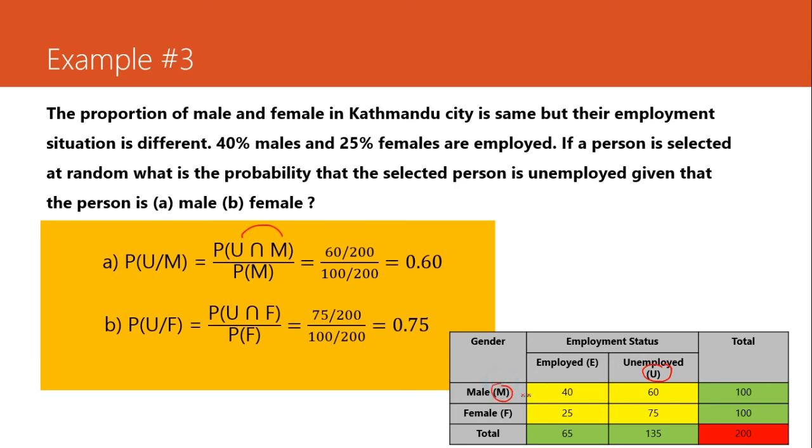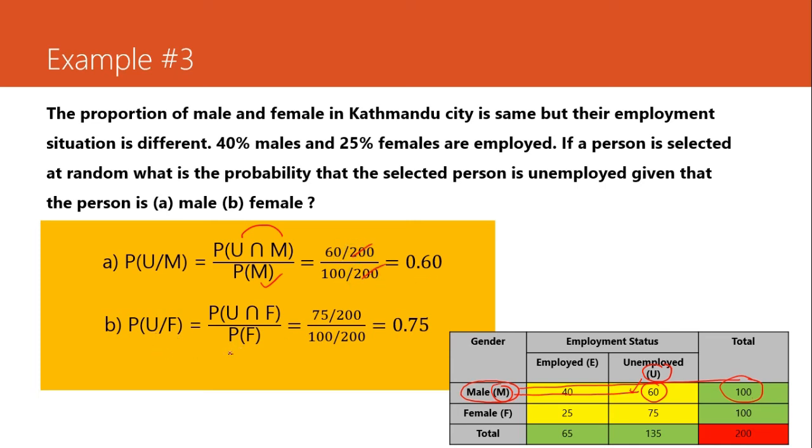So where do these two intersect? Like this one, 60. So 60 divided by 200, and then probability of male means, look at this male, just go to total. This total is 100, so 100 by 200. Then 200 eliminated, 60 by 100 is 0.60.